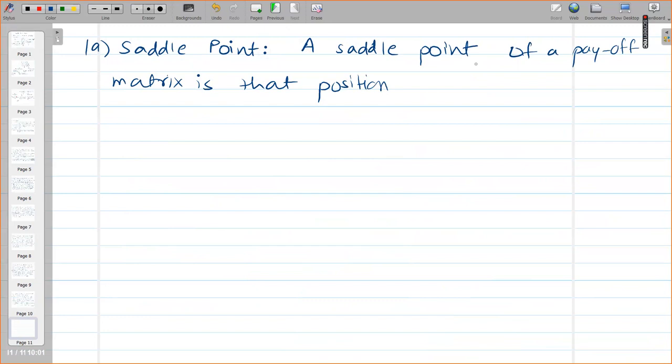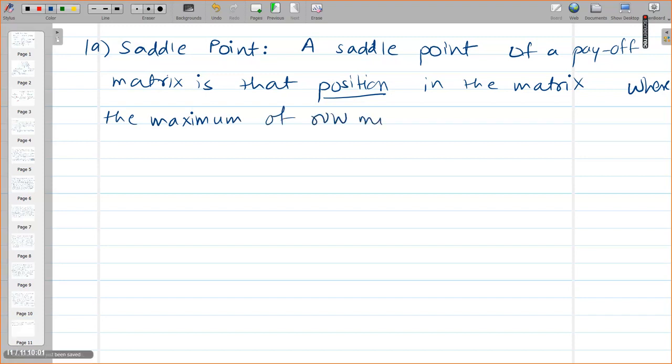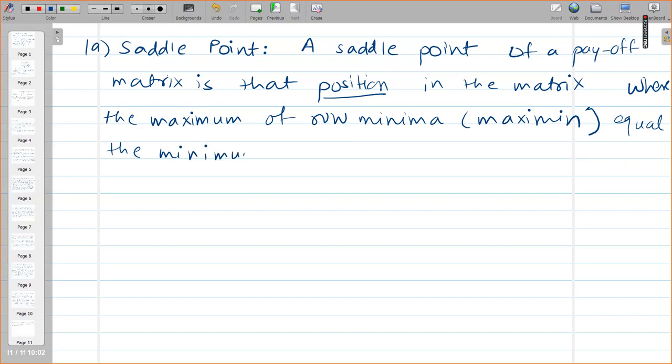When we speak in a matrix, what is the value at 1 1, that is first row first column, so it is going to be the location, the position in the matrix, where the maximum of row minima, that is maximin, equals the minimum of column maxima, that is minimax.